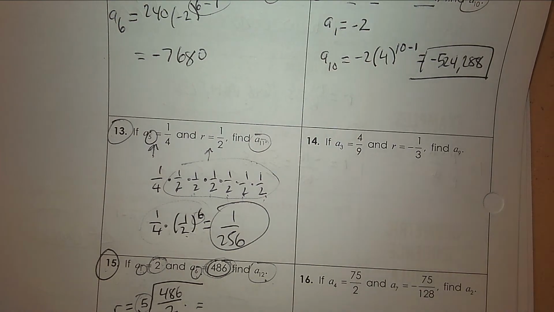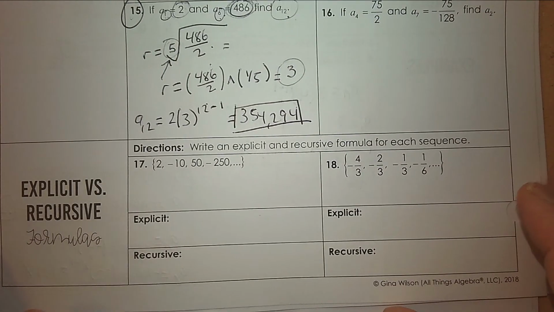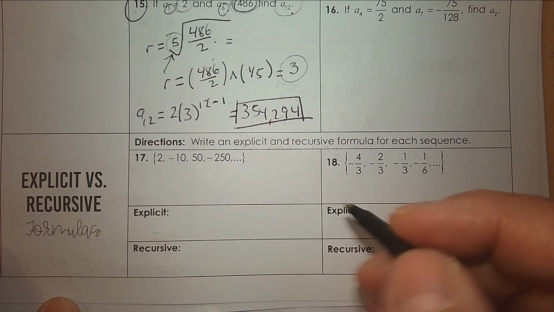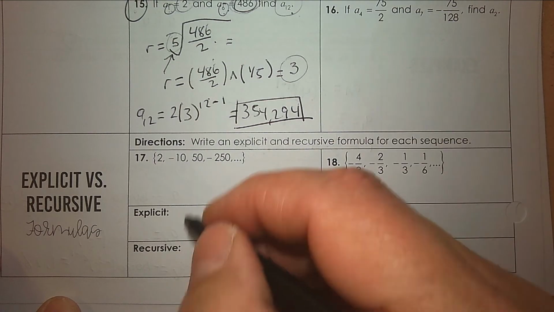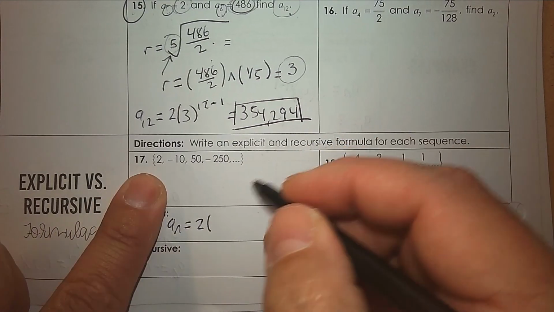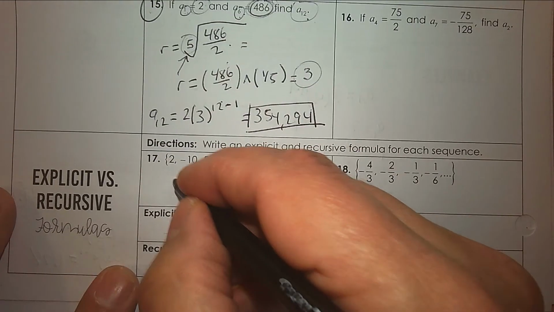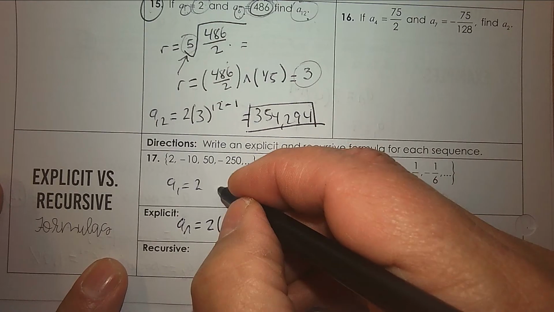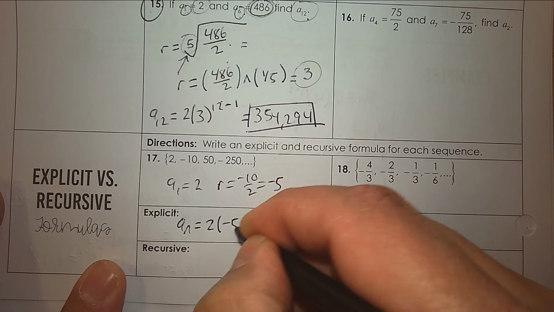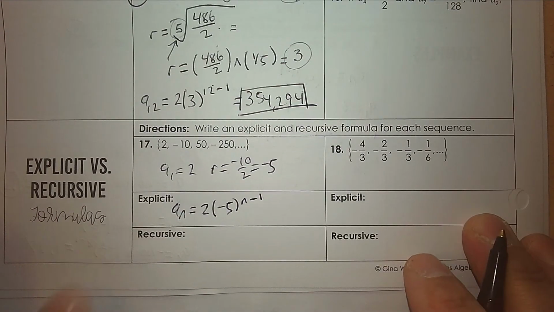All right, I'm going to remind you about explicit versus recursive. An explicit one is what we've been doing. An explicit one requires you to understand the first term, which is 2. How do I find the common ratio? I divide, and that's -10 divided by 2, which is -5, and then the exponent is n-1. That's explicit.